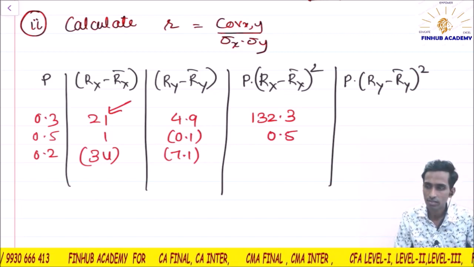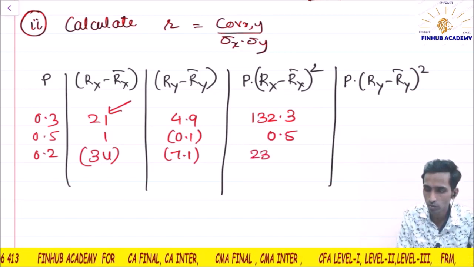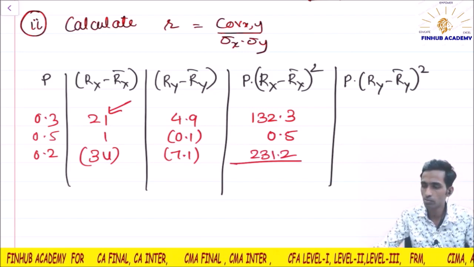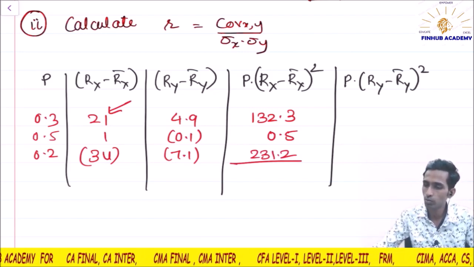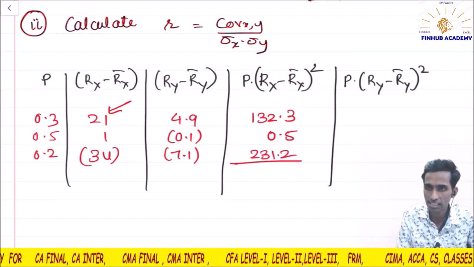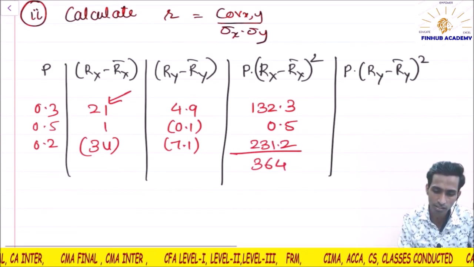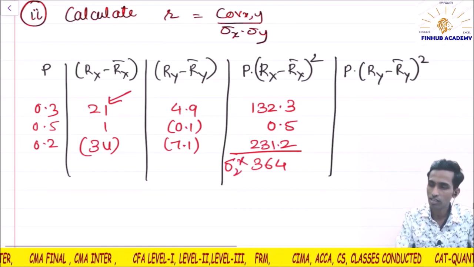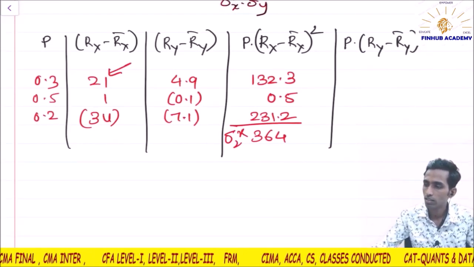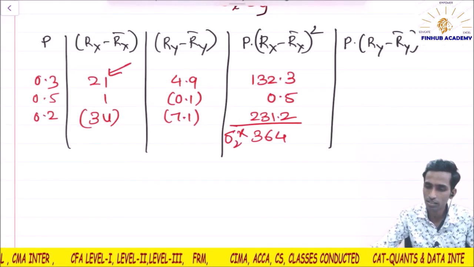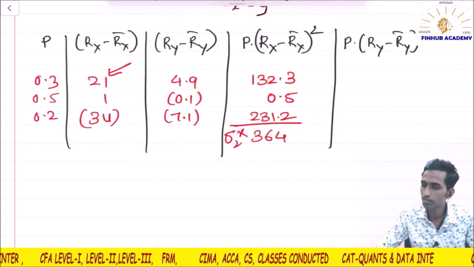The answer is 231.2. What is the total? 231.2 plus 0.5 plus 132.3. The answer is 364. Am I right? Okay, this is the variance of x. So I will take the square root. Square root of 364.